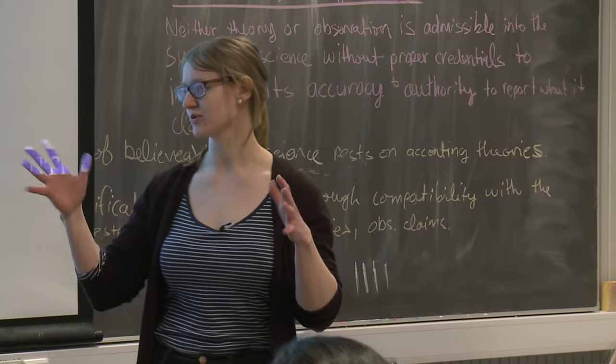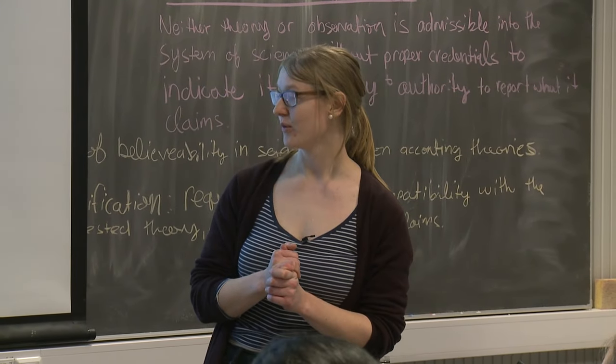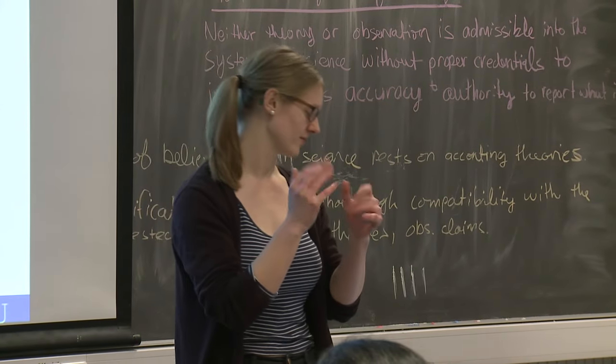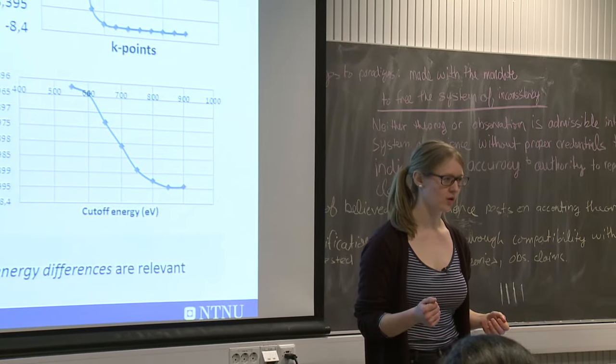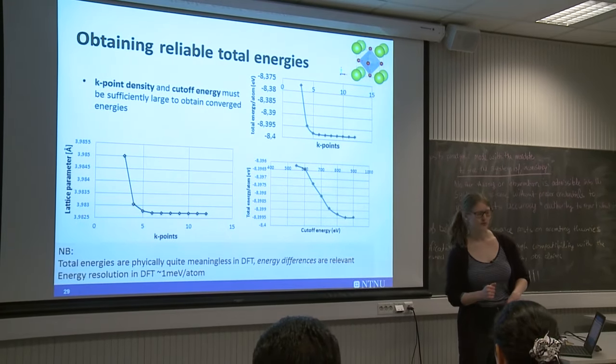And to have some sense of the energy resolution in DFT, we often say that it's approximately 1 milli-electron-volt per atom. It's a bit hand-waving, but it's what we say.